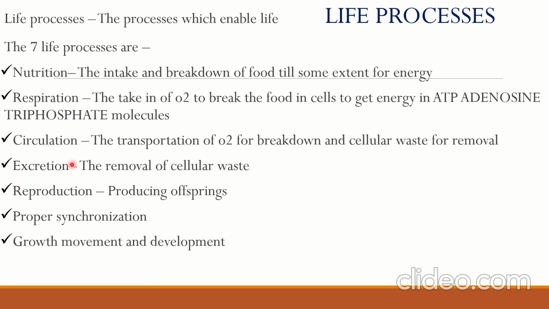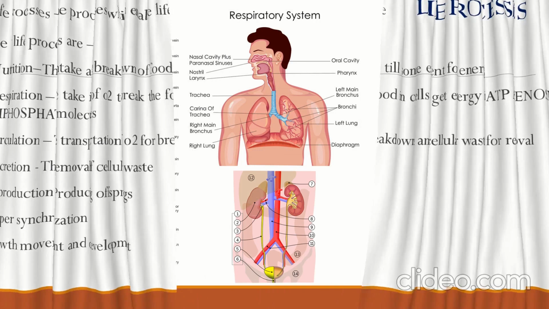And then the cellular waste is removed through excretion, and then reproduction produces offspring, and then there is proper synchronization of the body, of the brain, correct sending of correct signals, and then hormone balance, etc. And then growth, movement, and development. These are the life processes.